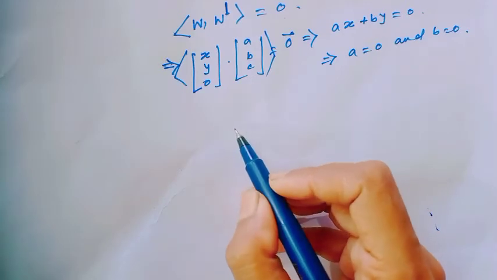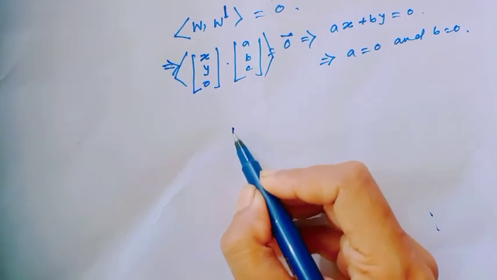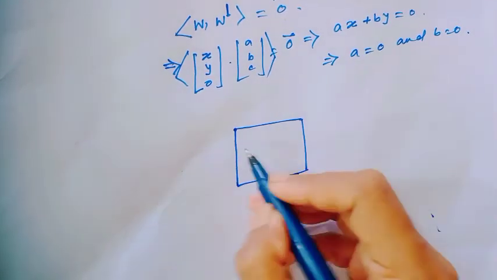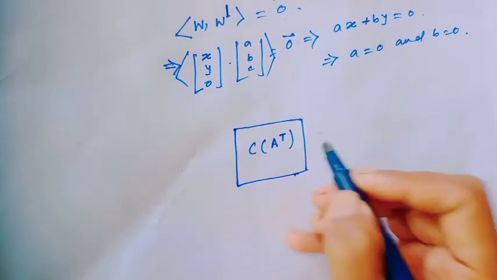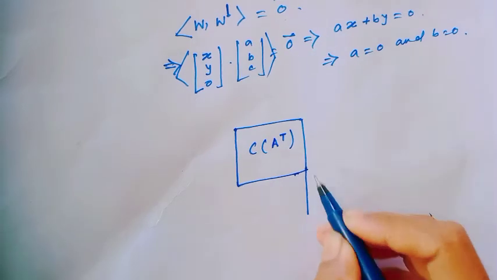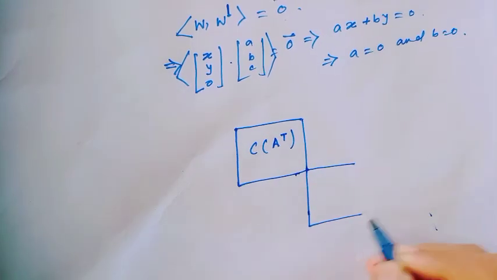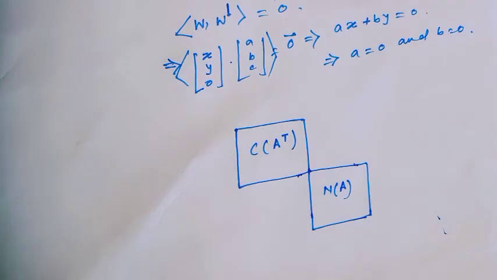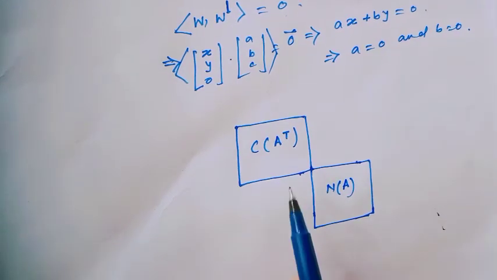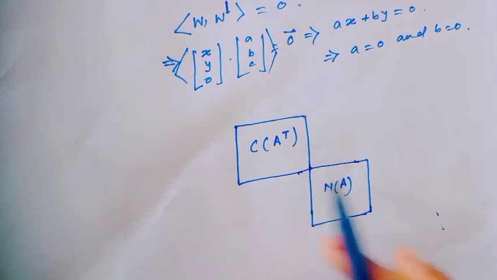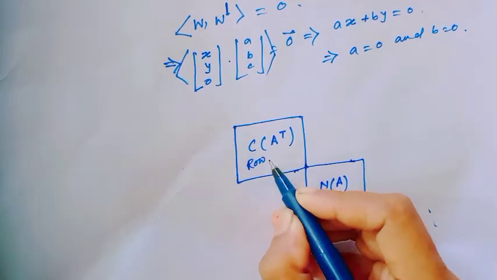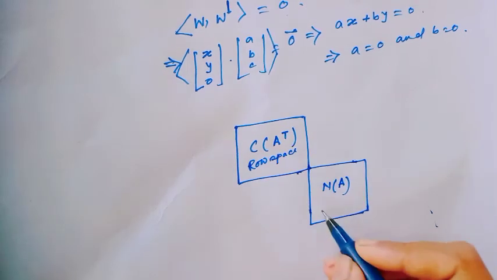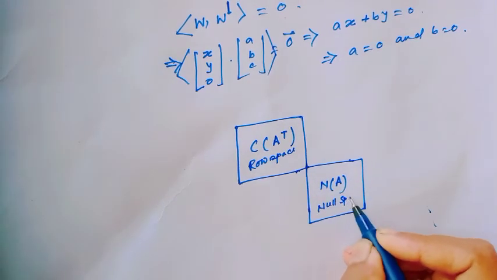Now we all know the column space and null space. Consider the column space of A transpose. This is always perpendicular to the null space of A. Notice here that every vector of the column space of A transpose, which is obviously the row space, is perpendicular to the null space.